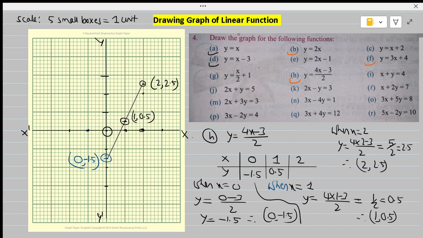So this line is y equal to 4x minus 3 divided by 2. So that is number I. Now I'm going with number J. So I make it clear first.